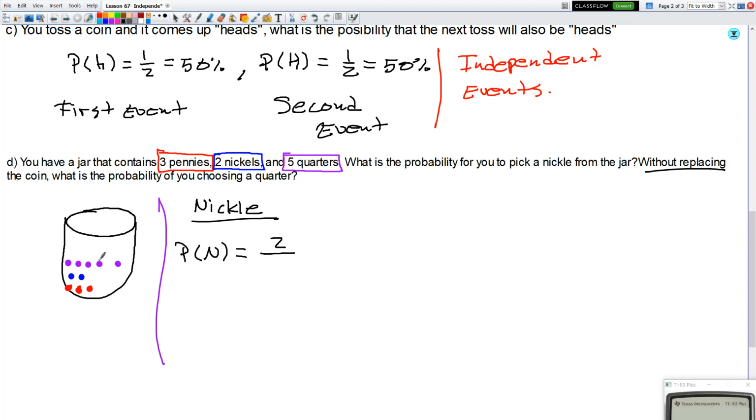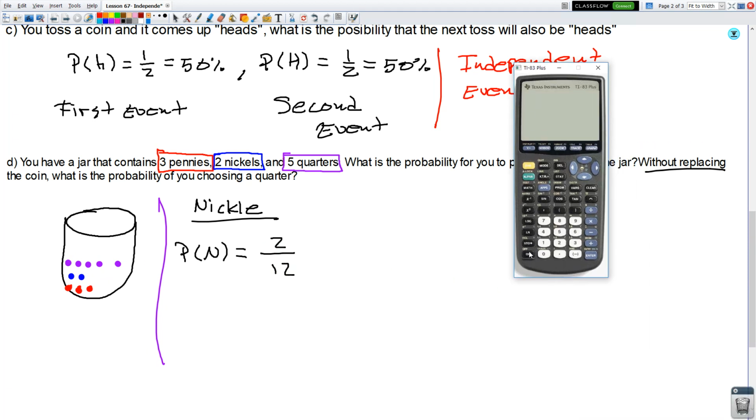That's 1, 2, 3, 4, 5, 6, 7, 8, 9, 10. So the probability for us to be choosing a nickel is going to be 2 divided by 10, which is equal to 0.2, and we want the percentage, so we multiply by 100. So this means that we have a 20% chance of choosing a nickel.